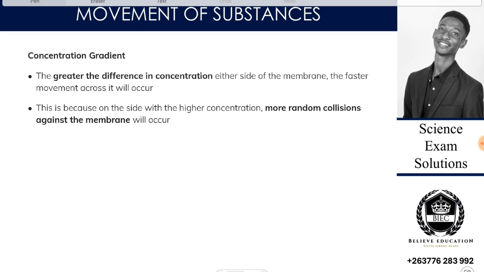Then let's look at the last one, which is the third one, that's concentration gradient. The greater the difference in concentration on either side of the membrane, the faster the movement across it will occur. This is because on the side with the higher concentration, more random collisions against the membrane will occur. Now we want to really understand what they mean by the difference in concentrations.